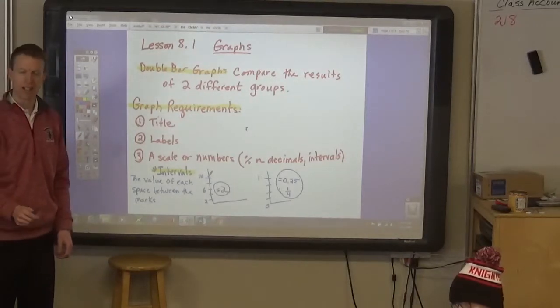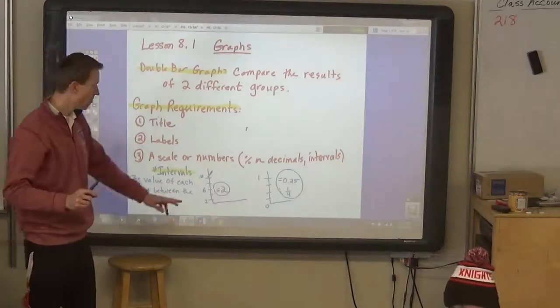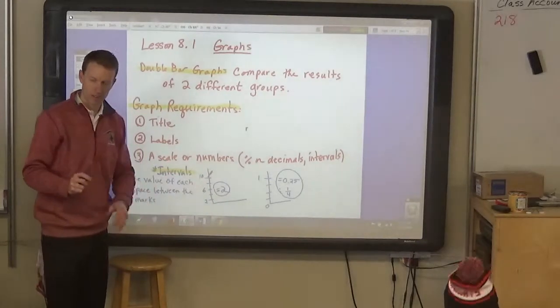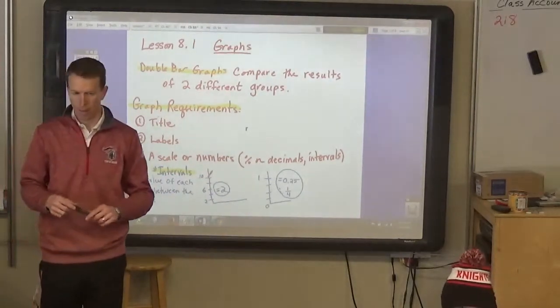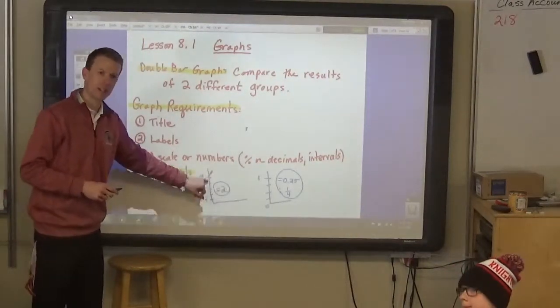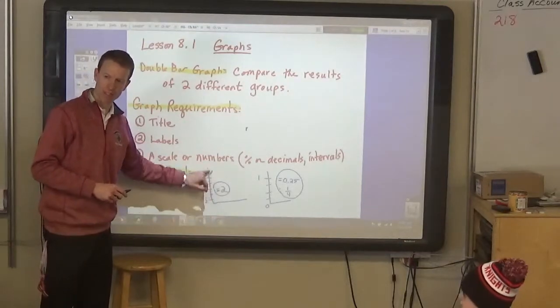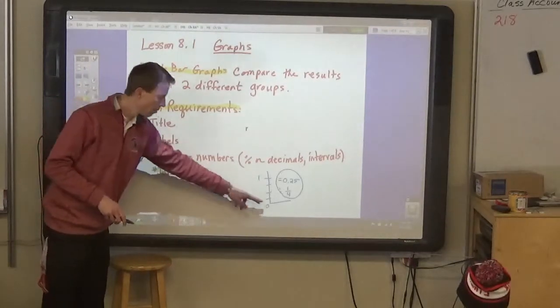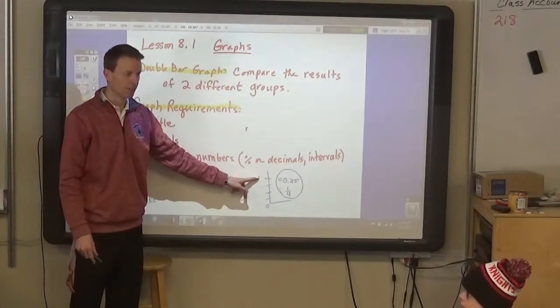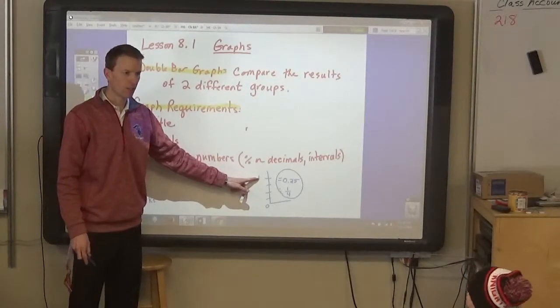Okay? And that's critical to understand: the interval is the value of each space, not the value of each labeled mark. Otherwise you'd have a bunch of numbers. We can tell what the interval is without labeling every single mark. Look at the label of this one. There's only one number here. But is that the interval?